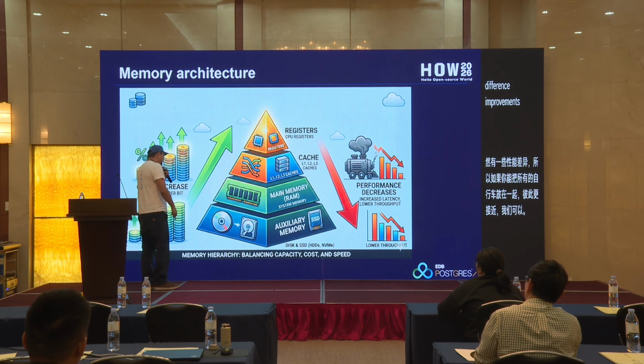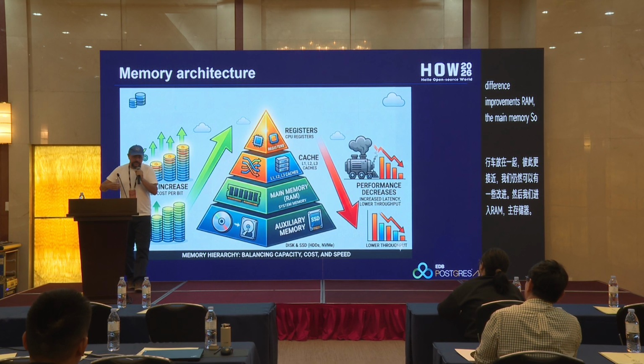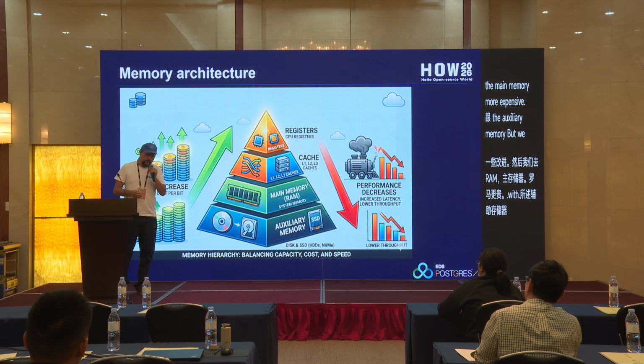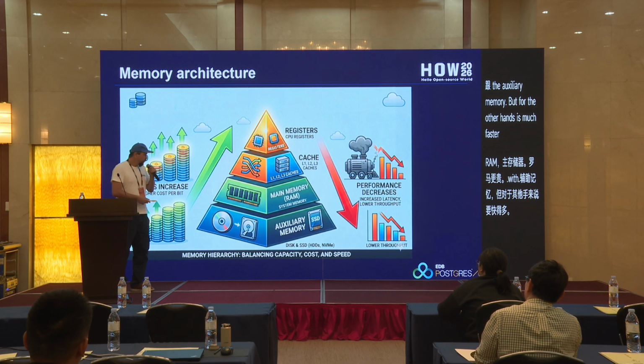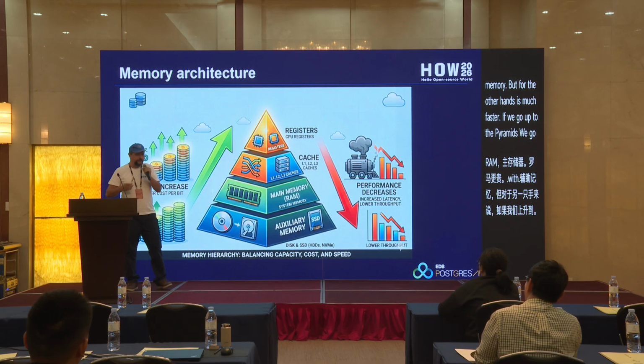Then we go to the RAM, the main memory. RAM is more expensive than the auxiliary memory, but on the other hand, it's much faster. If we go up the pyramid, we go to the cache and then the register.